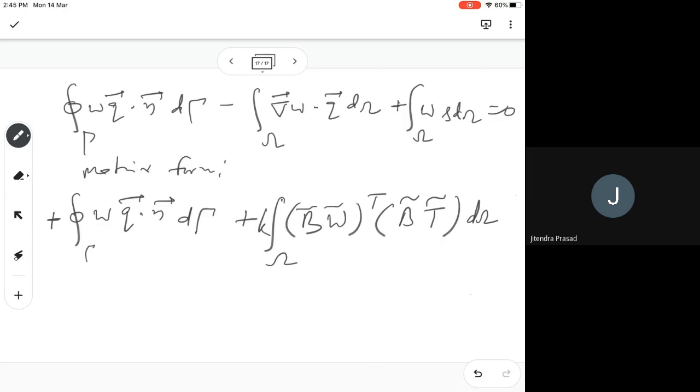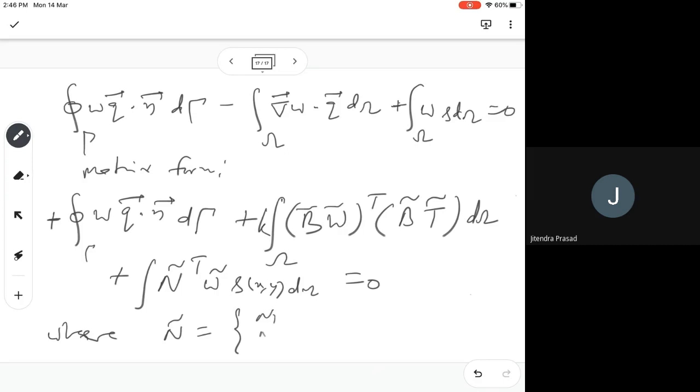And then plus we have this W and S. W, as you know, is nothing but N, so we have the transpose of N and W, and then S, X, Y, D, which is equal to 0, where N is N1, N2, N3.